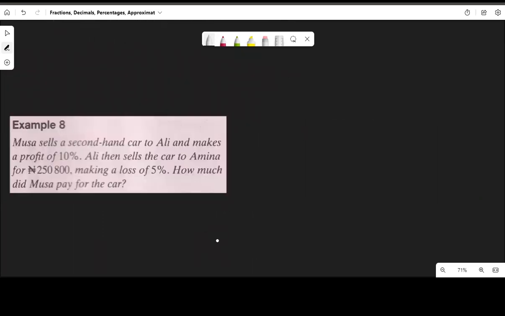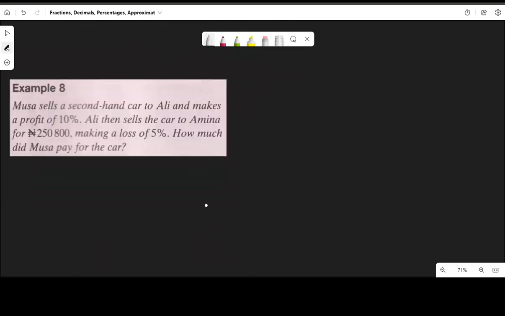And example 8: Musa sells a second-hand car to Ali and makes a profit of 10%. Ali then sells the car to Amina for 250,800 naira, making a loss of 5%. How much did Musa pay for the car?